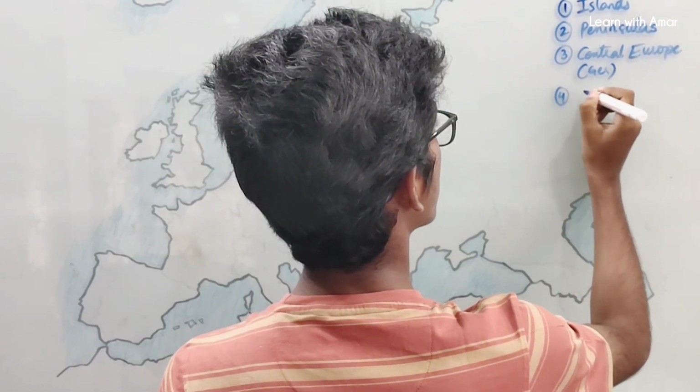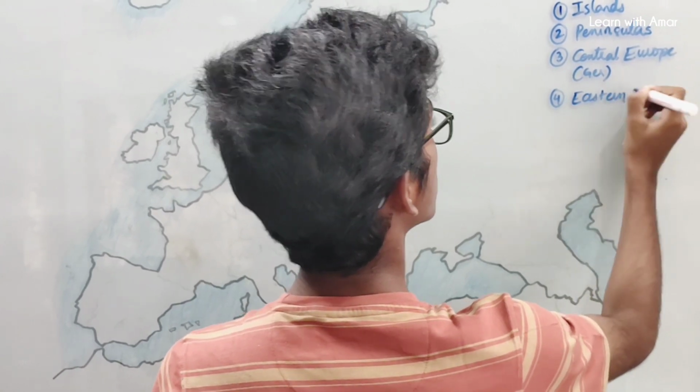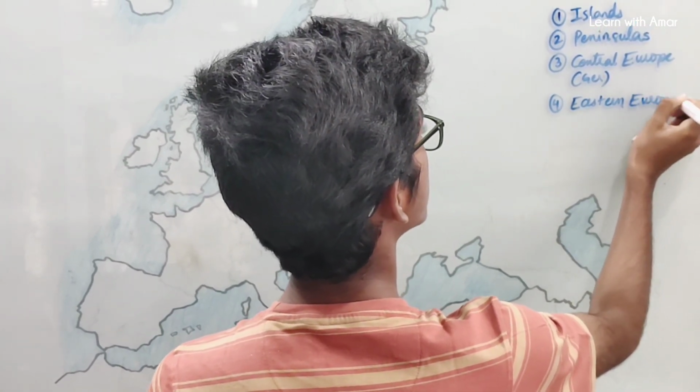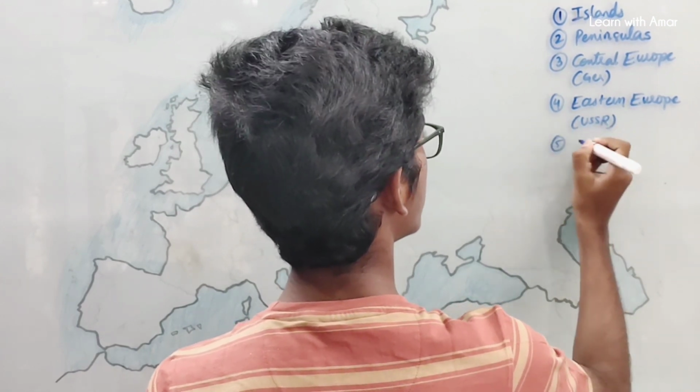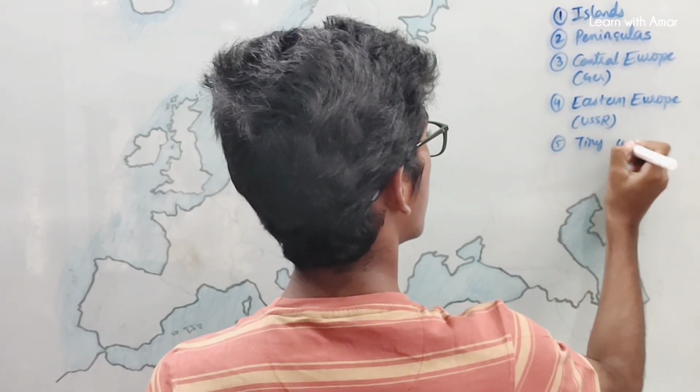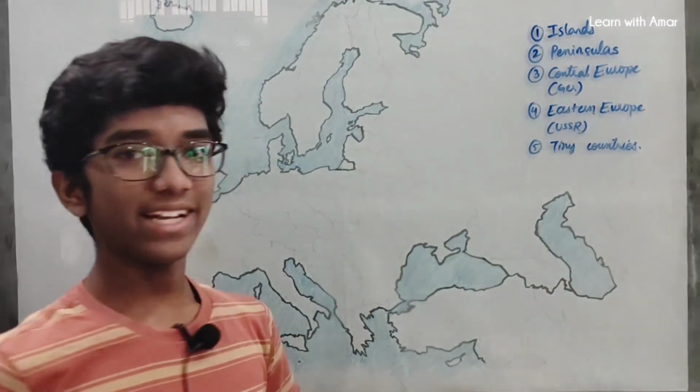And fourth topic, we'll look at Eastern Europe based on USSR. And the fifth and final one, we look at the tiny countries. Alright, okay, let us begin.